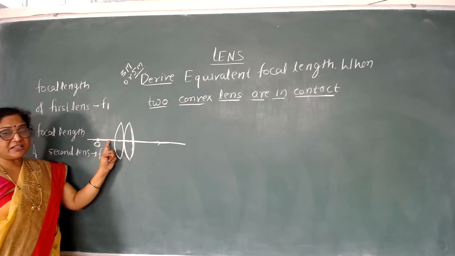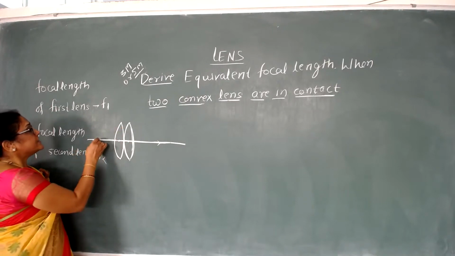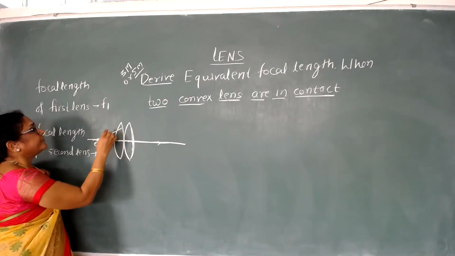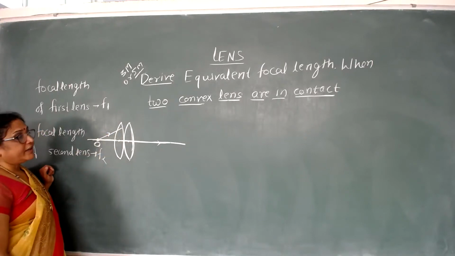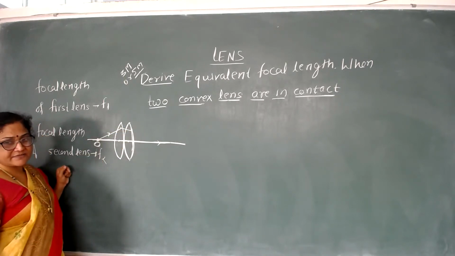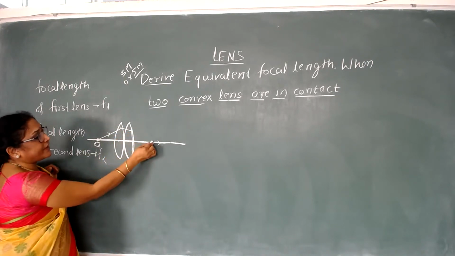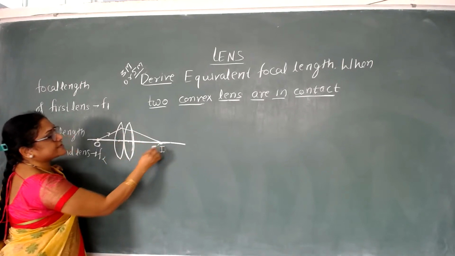Consider another ray of light which is incident on the first lens and is refracted, and which is incident on the second lens. Again, this ray of light is refracted, and we get the image on the principal axis.